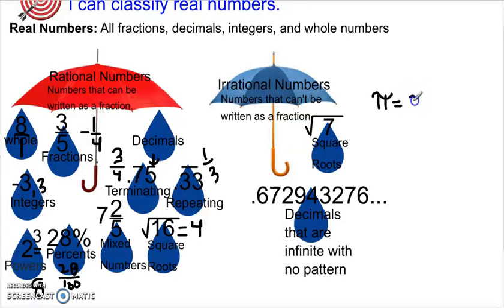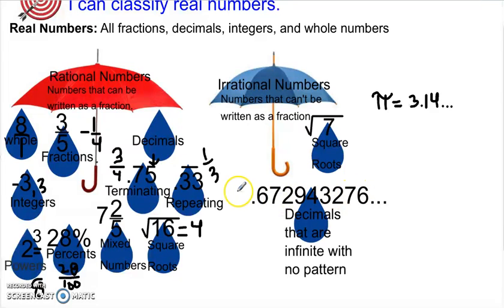Many of you used just 3.14, but it is a decimal that actually goes on infinitely, and there's no repeating pattern at all. So it cannot be written as a fraction, and so it is included under this category as an irrational number.